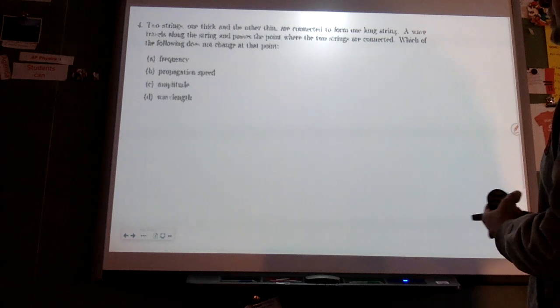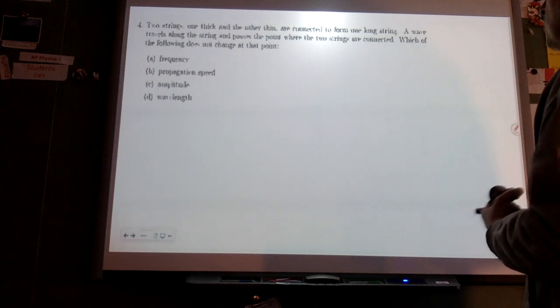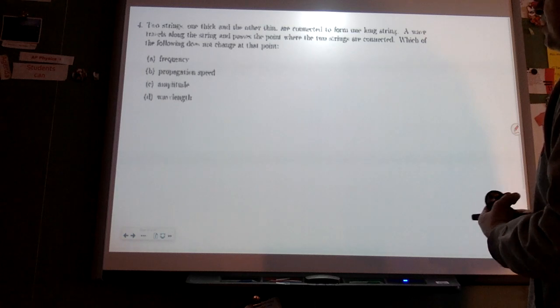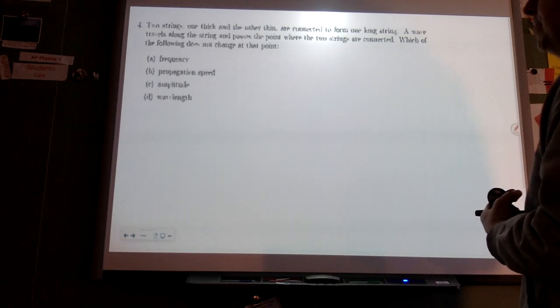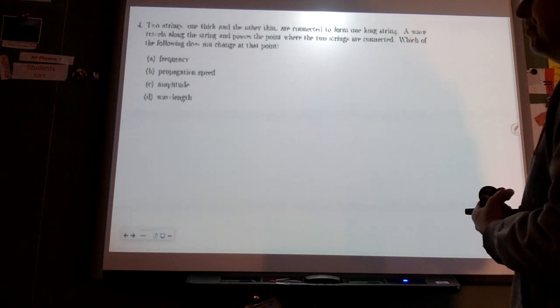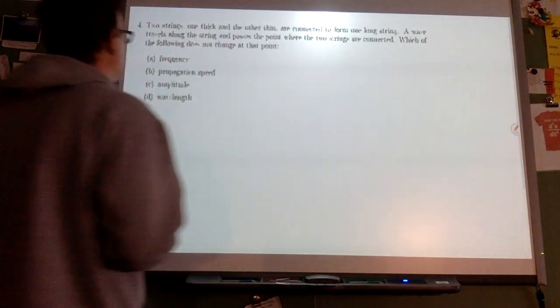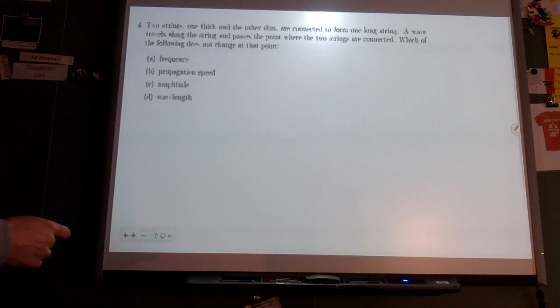Two strings, one thick and another thin, are connected to form one long string. A wave travels along the string and moves past the point where the two strings are connected. Which of the following does not change at that point? Well, the speed's going to change, right? Because the linear mass density changed.